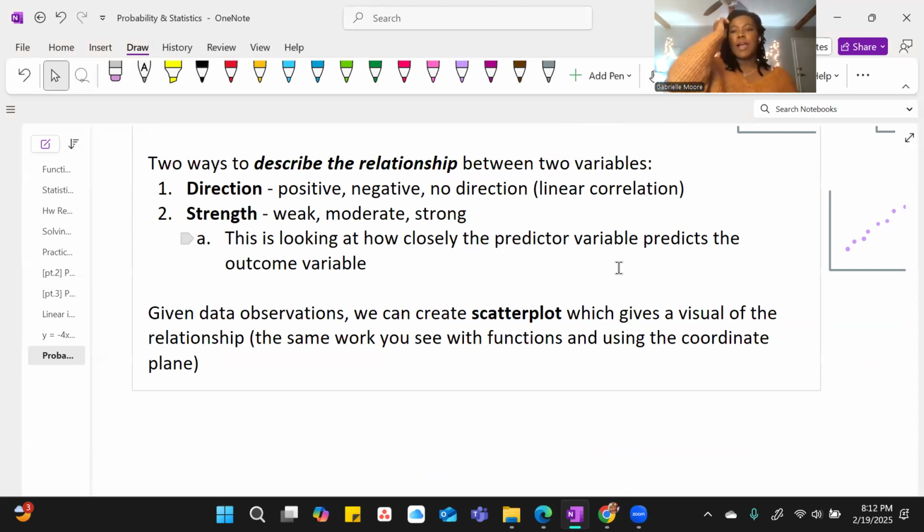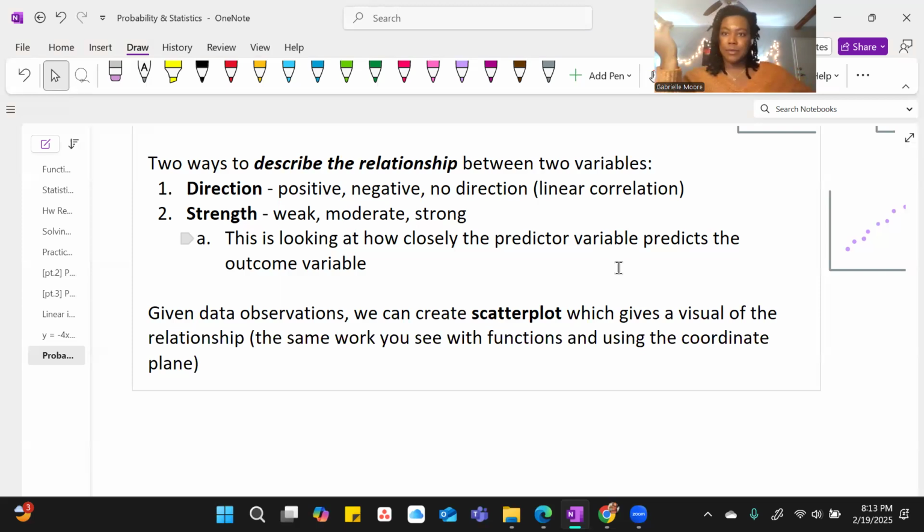From what I can see in the practice, there wasn't too much discussion about strength, but we'll sprinkle that in here in our session. But know that we can talk about the strength as far as it being a weak relationship, moderate, or strong.